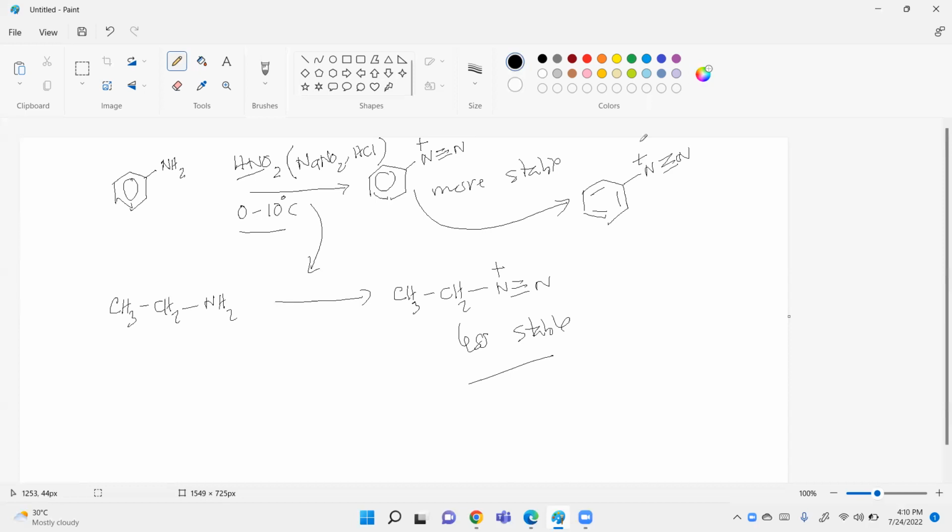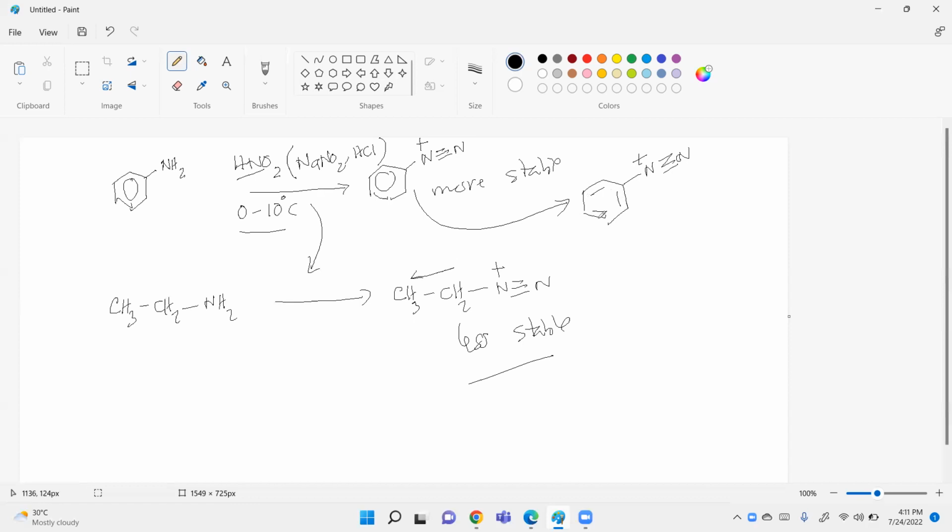The positive charge in this molecule can distribute in the ring. Remember it like that: if you have a positive charge on an atom attached to a benzene ring, this positive charge can spread across the benzene ring and produce a stable compound. But here, this positive charge cannot spread to the left-hand side because there are no delocalized electron systems.